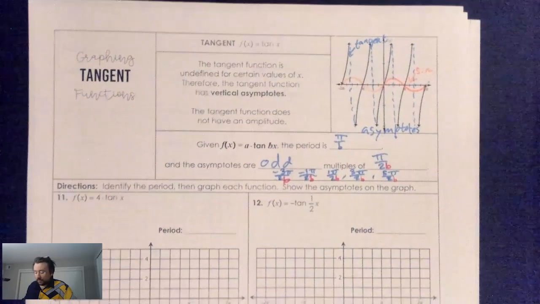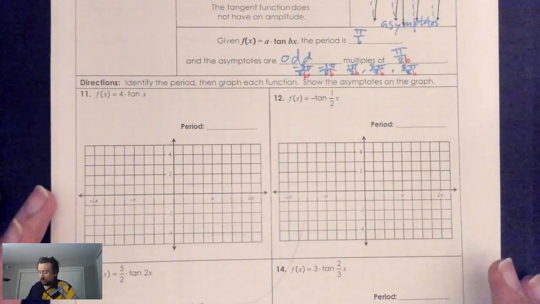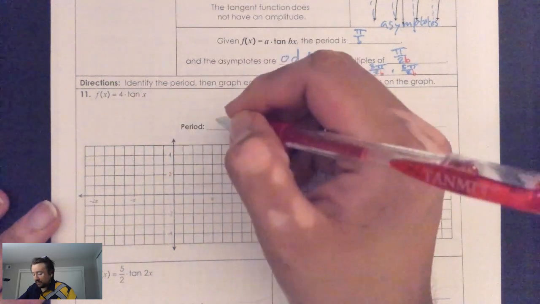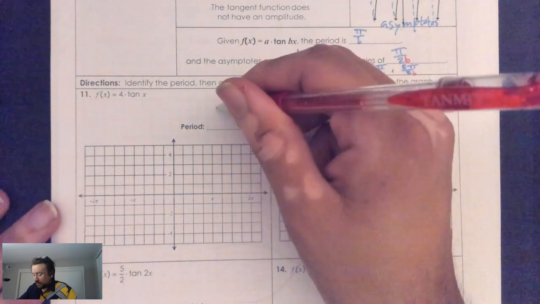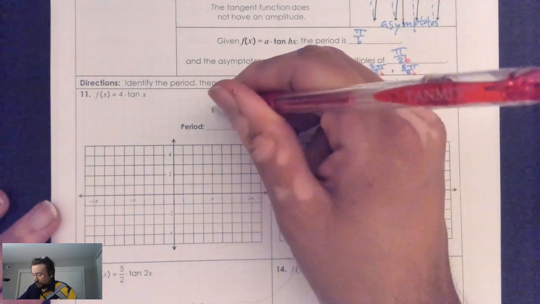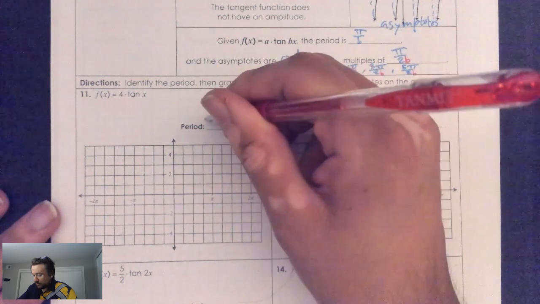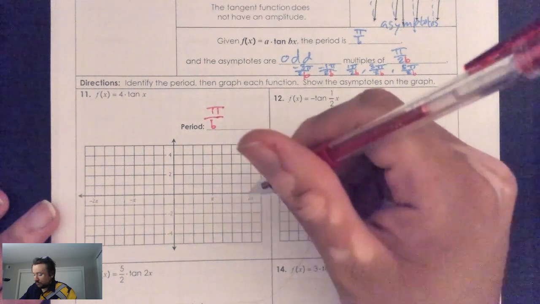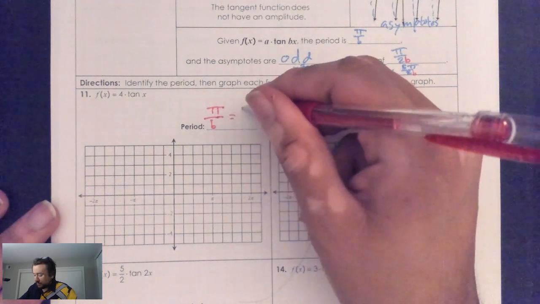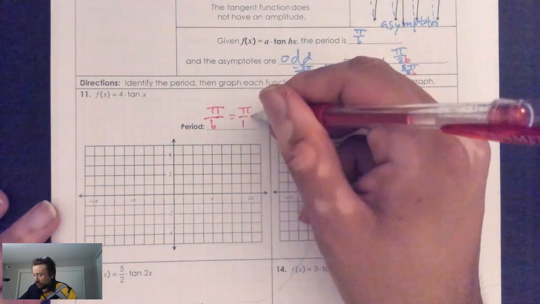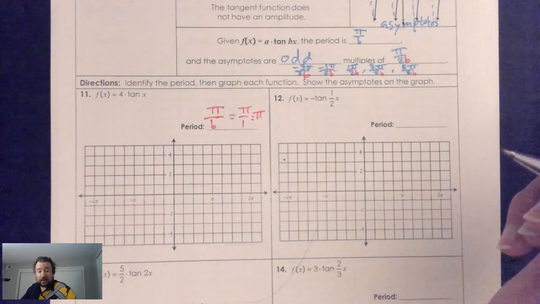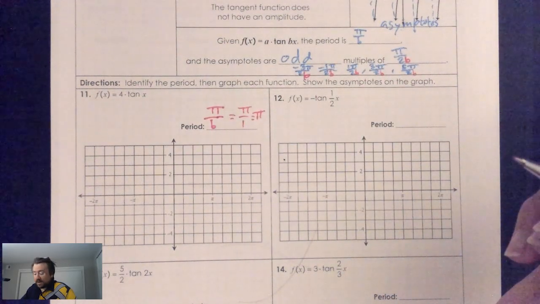So let's graph our first couple. Here we see 4 tangent x. So here our period is pi over b. And so that's going to be just pi over 1 or pi. It's easier to think about then, though, where are the asymptotes?